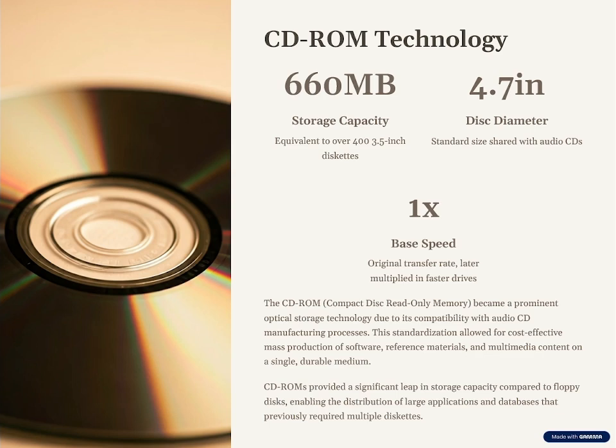That is the storage capacity, and they have a size of 4.7 inches in diameter. They are standardized. These CD-ROMs have become prominent just a few years back. They have become a prominent optical storage technology due to their compatibility with the audio CD manufacturing processes.